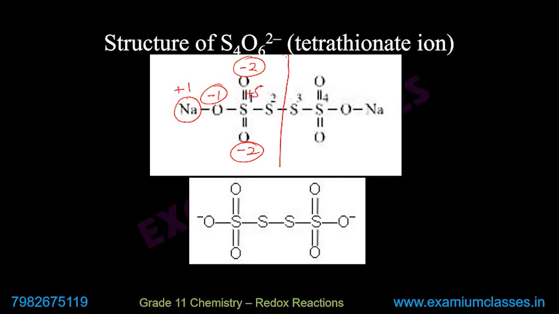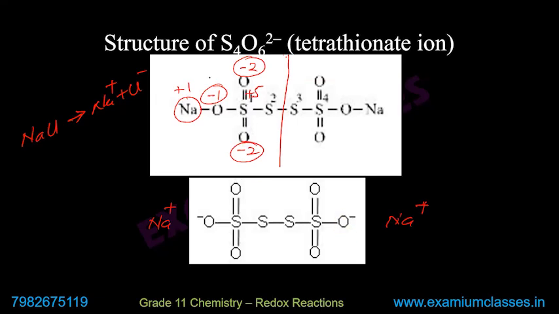To understand it in a better way, if you consider it as ionized, Na plus will be here, Na plus will be here, similar to NaCl getting ionized to give Na plus and Cl minus. So Na plus will be there, and the other part, oxygen, will gain a negative charge.